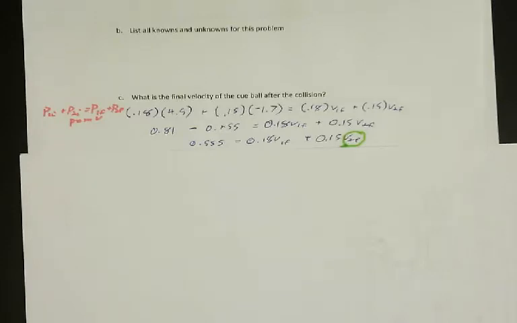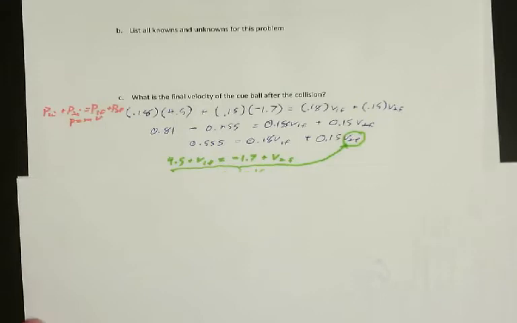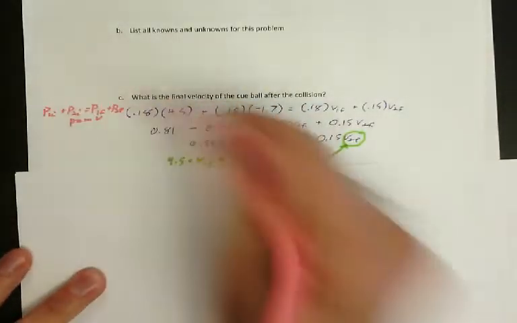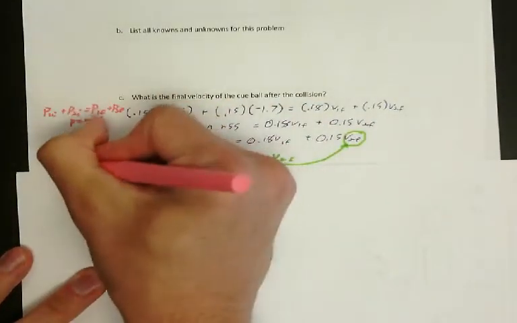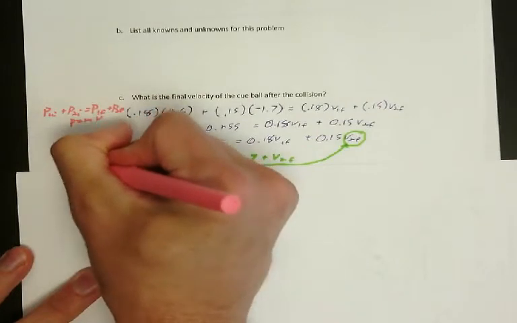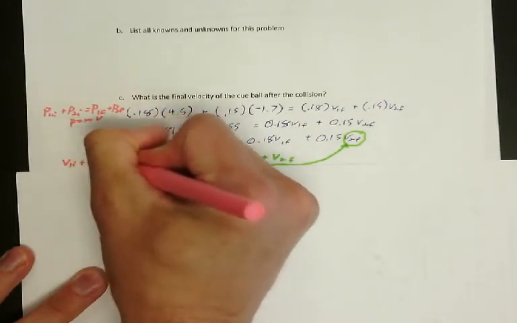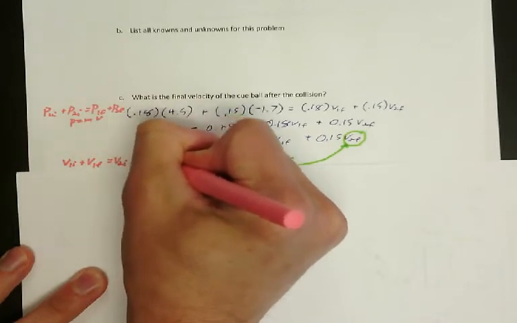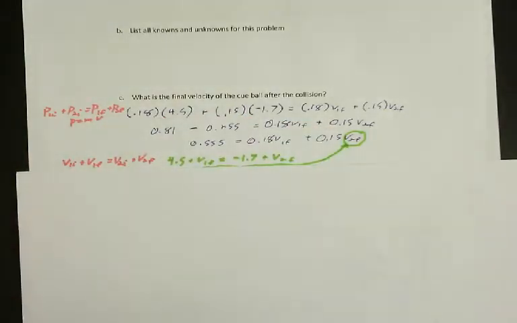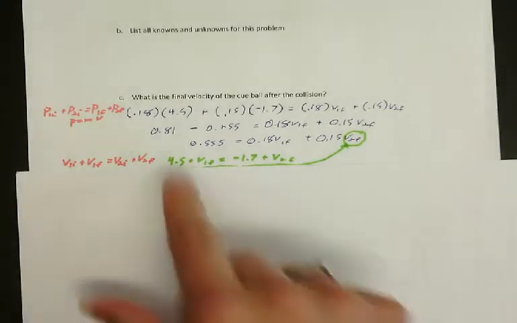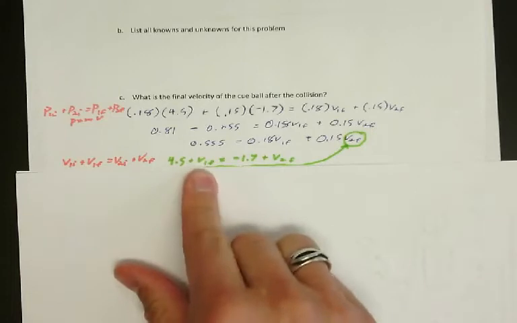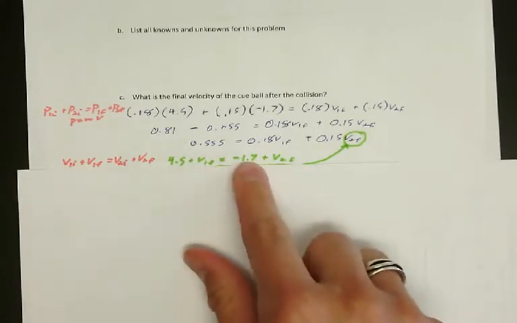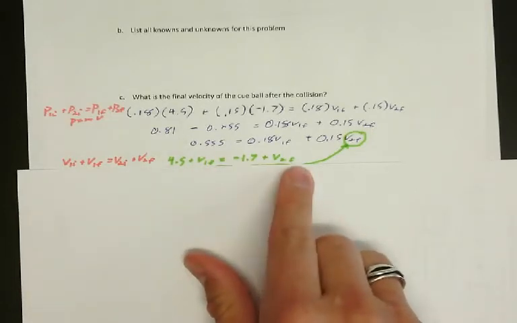So now you switch gears, and you switch into the next equation, which is the conservation of kinetic energy. V1 initial plus V1 final equals V2 initial plus V2 final. So I plugged in my V1 initial, 4.5, plus V1 final equals V2 initial, negative 1.7, plus V2 final.